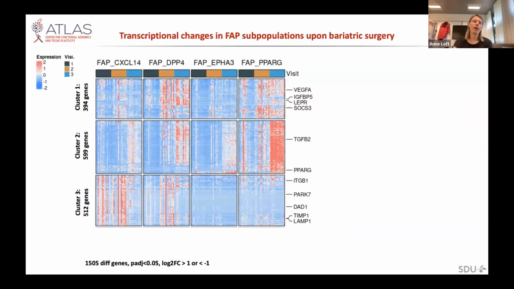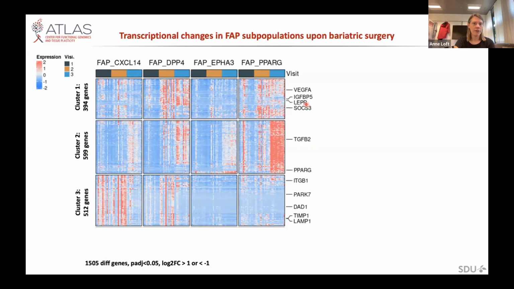So we also evaluated the transcriptional changes in the fab compartment, and here we found more than 1,500 genes that are differentially regulated in one or more of the fab subpopulations in response to the weight loss.